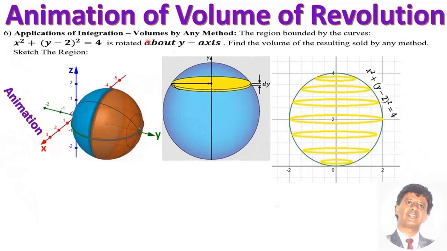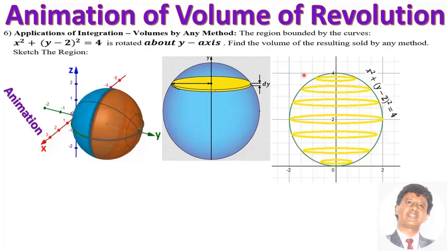The next animation is an animation of volume of revolution again. The region bounded by the curve x squared plus (y minus 2) all squared equals 4 is rotated about the y-axis. So this is obviously a circle centered at (0, 2) with radius 2.